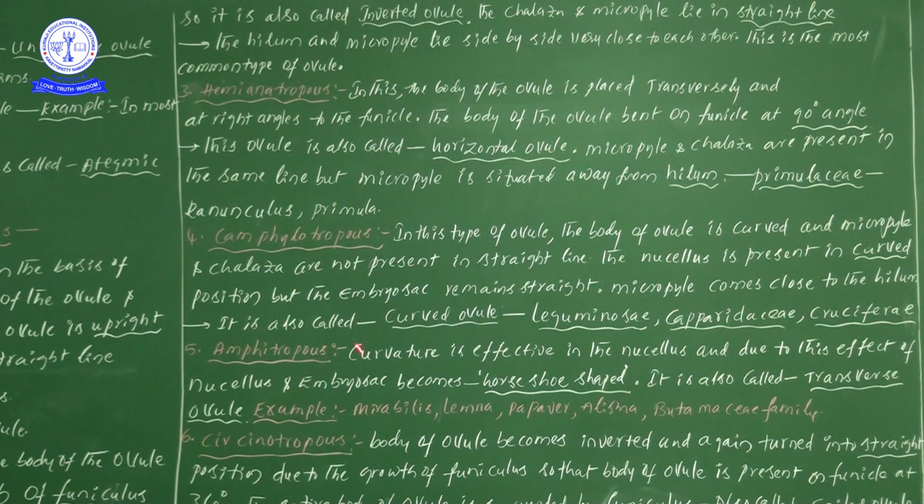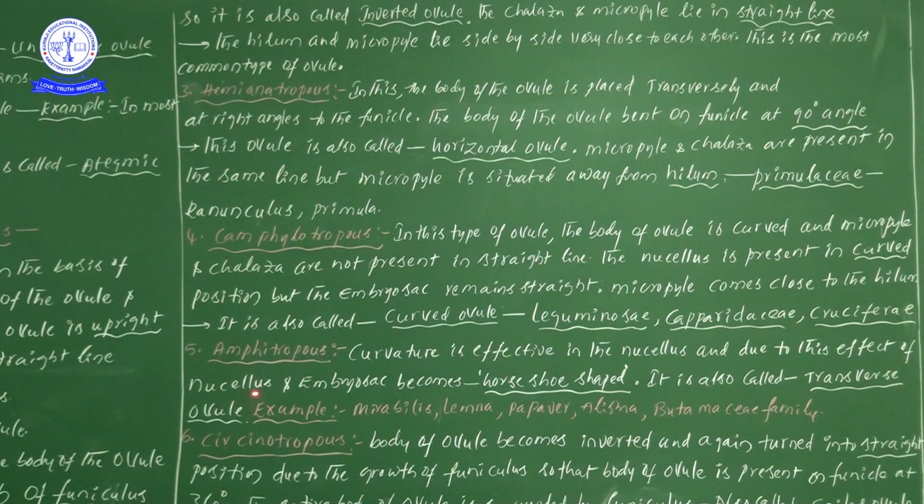Next one, campylotropous ovule. In this type of ovule, the curvature is very effective in the nucellus. A curve starts in the nucellus in amphitropous, but in campylotropous the curvature is more effective, so we can observe more curve here.